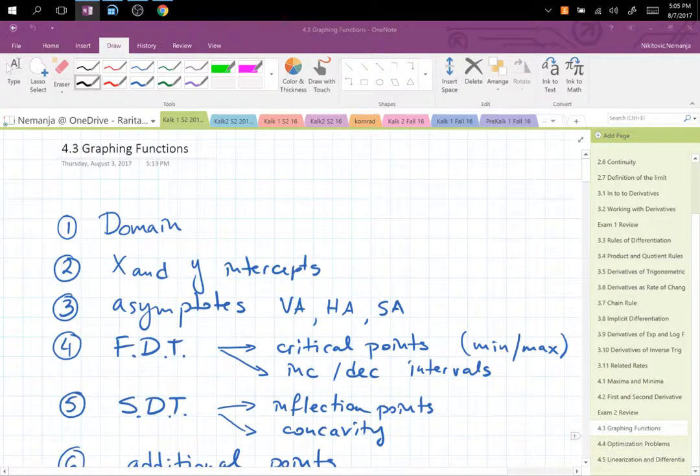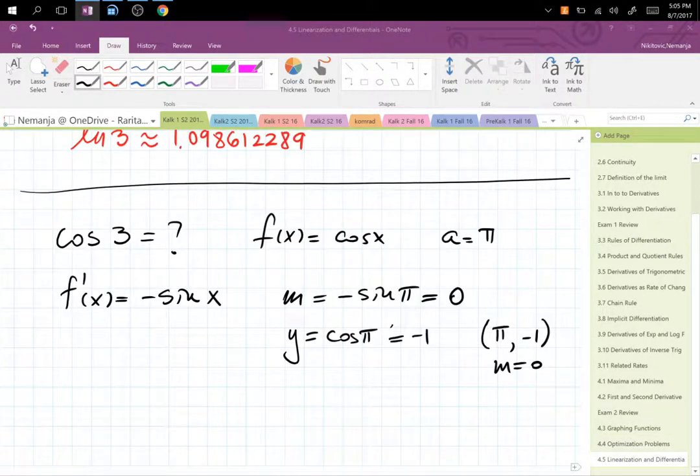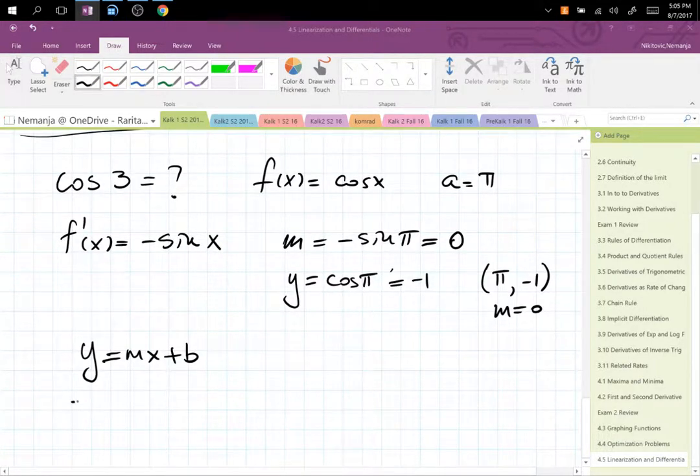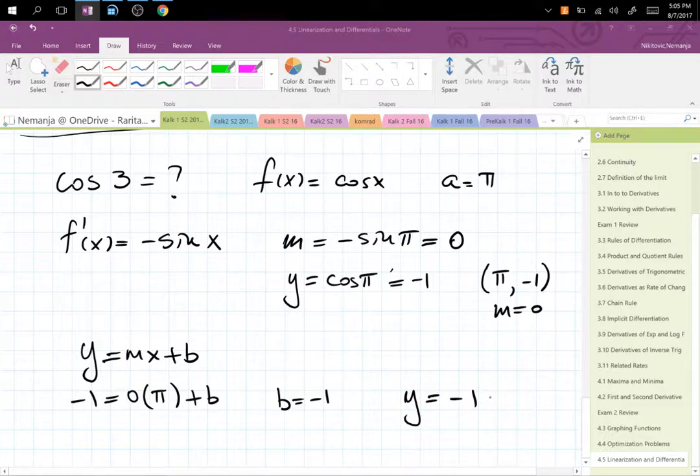So what's the tangent line? y equals mx plus b. y is -1, m is 0, x is pi, plus b. b is -1, so y is equal to -1. That's the line.